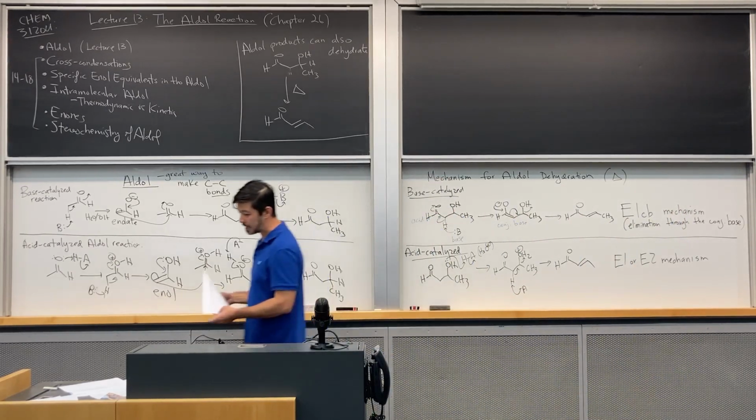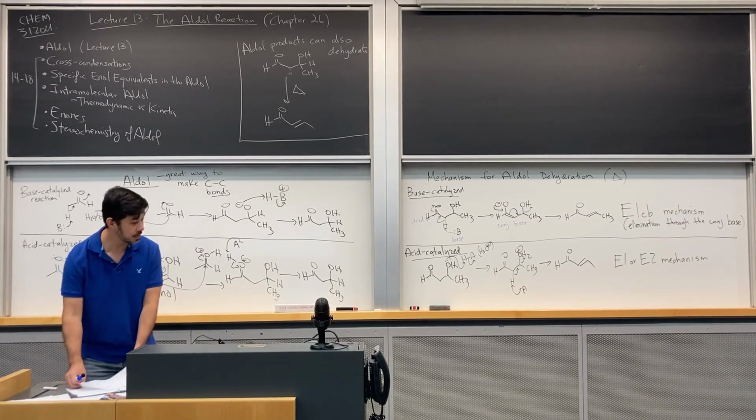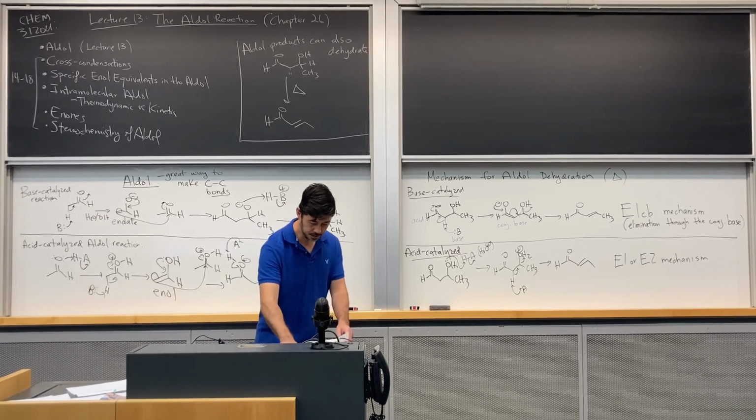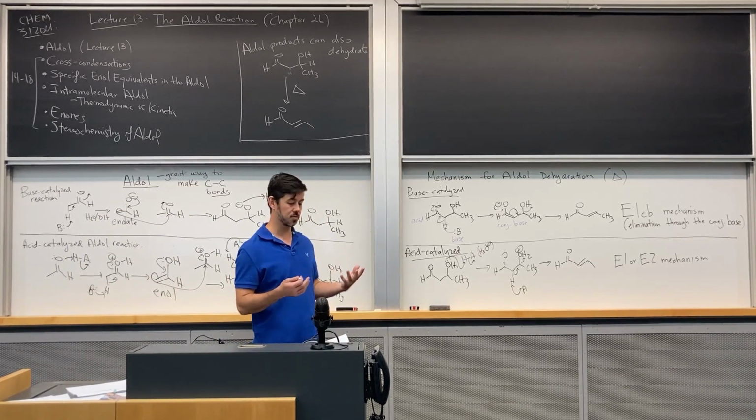All right, so those are the basics of the aldol reaction, and you certainly have seen some of this from second year organic chemistry, I'm sure. So let's go through the aldol reaction of an unsymmetrical ketone.